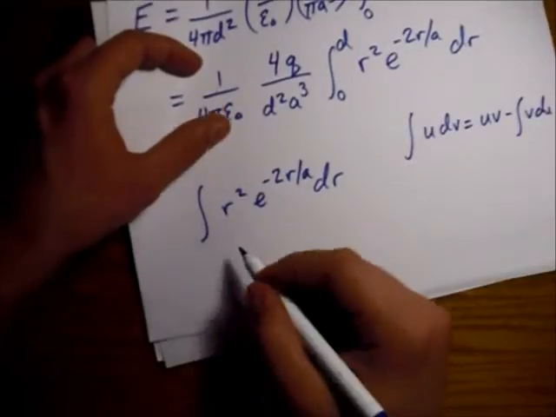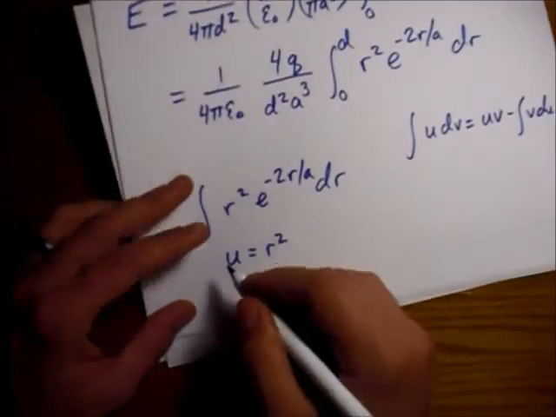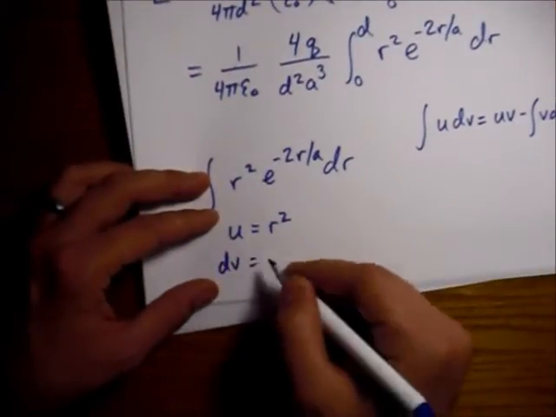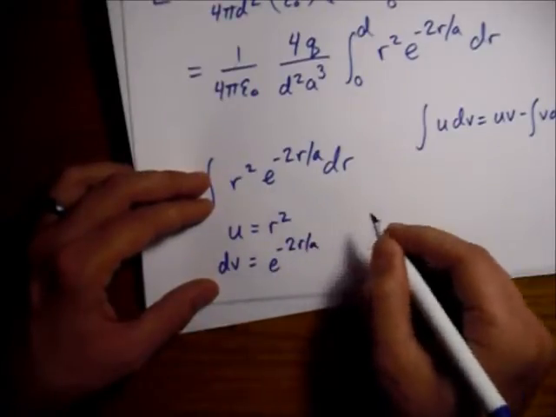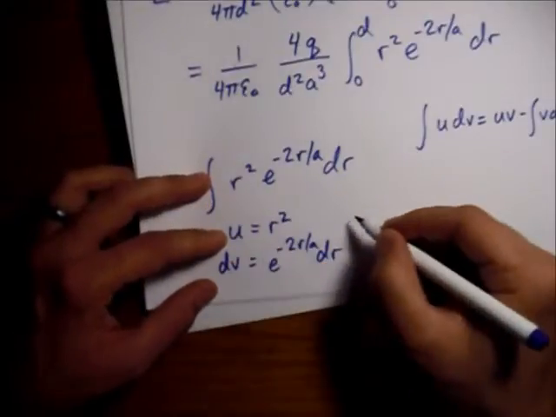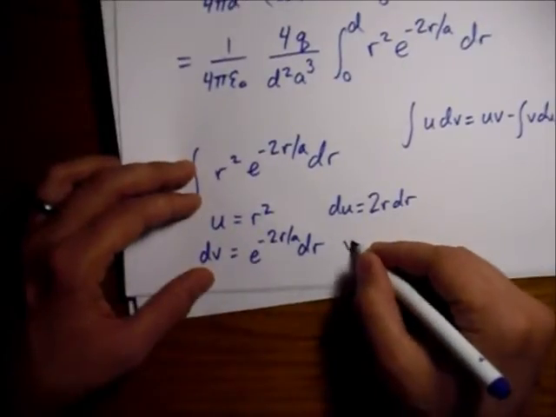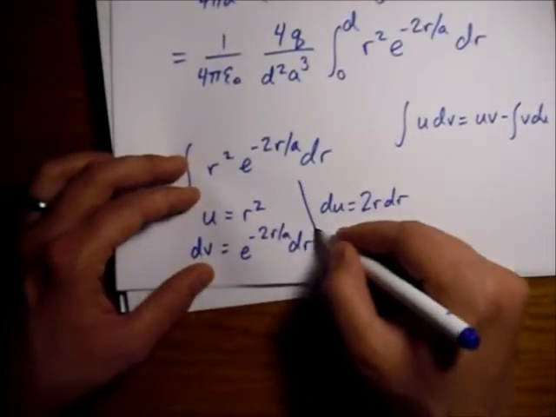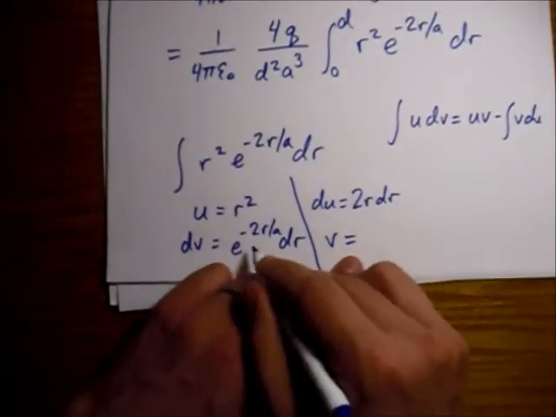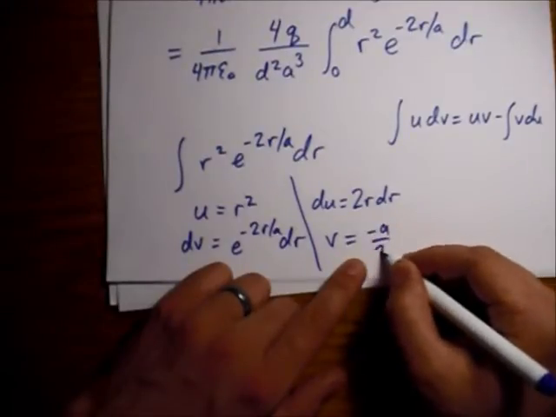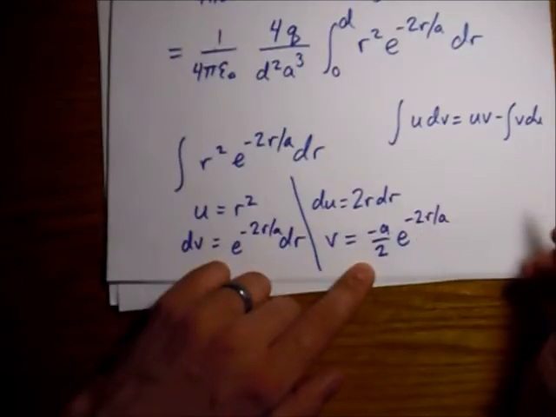In this case, u is equal to r squared, and dv is equal to the e to the minus 2r over a dr. So this gives us a du equal to 2r dr. And integrating this, let me draw a line here just so we keep these separate, we get a minus a over 2 e to the minus 2r over a.